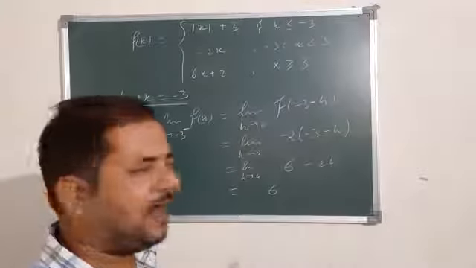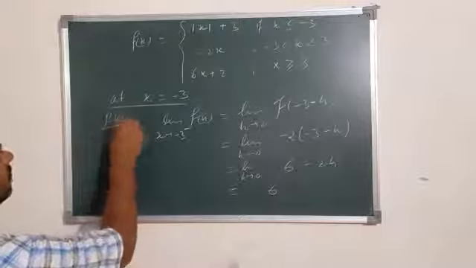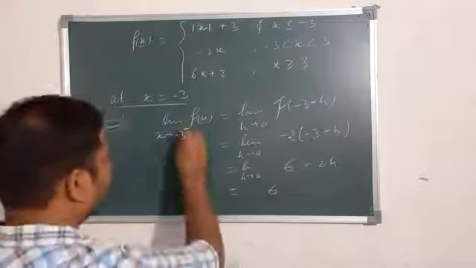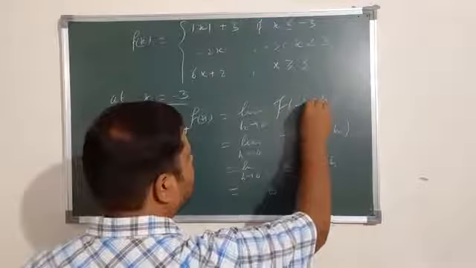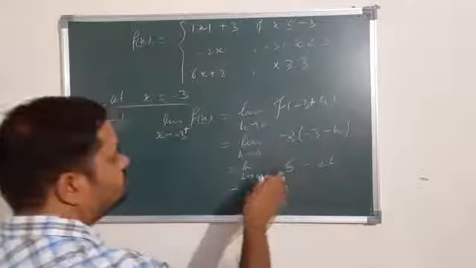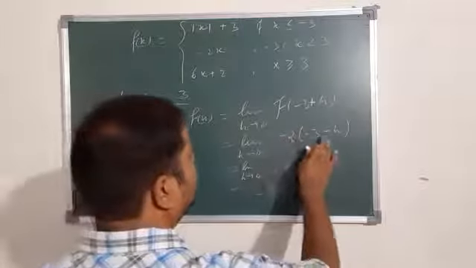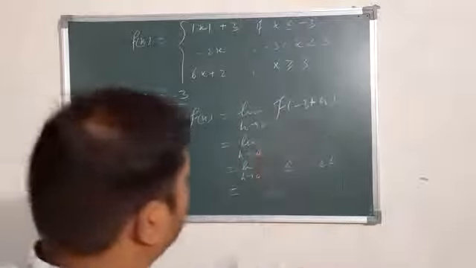Similarly, we can find RHL. Now RHL is nothing but at -3 plus, so -3 + h. This is the quantity greater than -3.